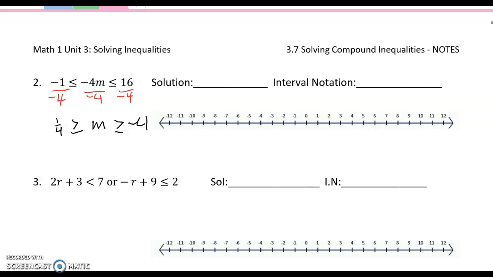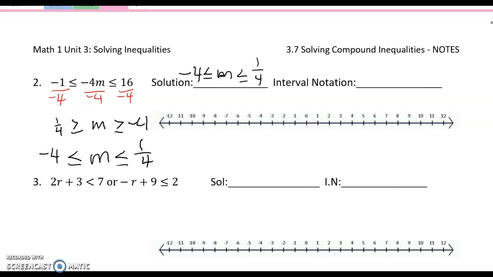Again, we need to fix that. We need to switch places with the 1/4 and the -4. And because we switch places with those numbers in the inequality, that inequality above needs to flip again. So there's our solution for this three-part and inequality.